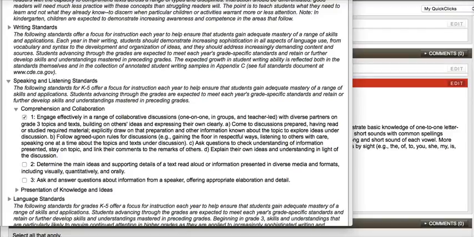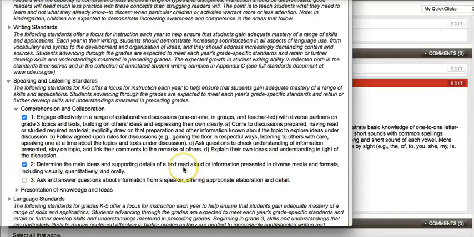Anyway, I know I'm going to be having some kind of discussion, and I know that it's going to be around a main idea from information that they read. So the reading part has already taken place.